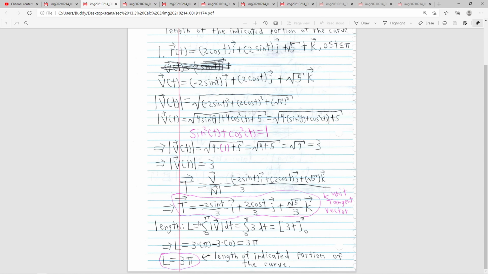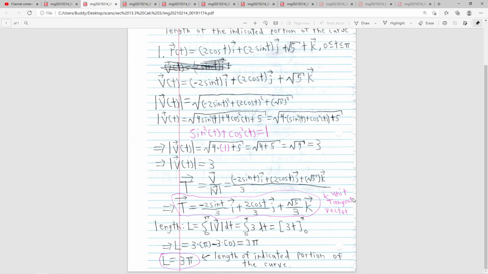And L is equal to the integral of 3 from 0 to pi, and that's just 3t. t to the 0 power is 1, and anything to the 0 power is 1, so t to the 1 divided by 1 is just t, as you've seen before, integration works like that.